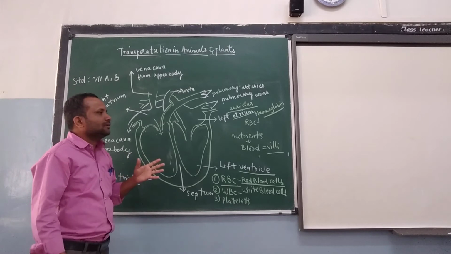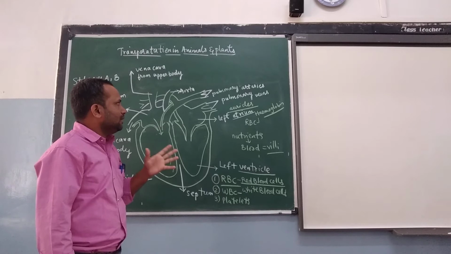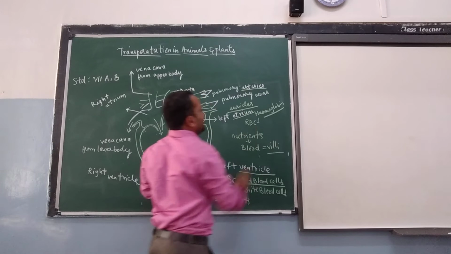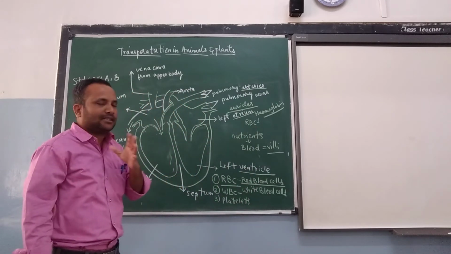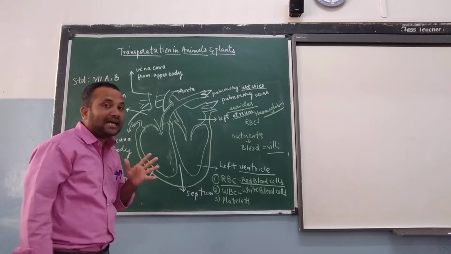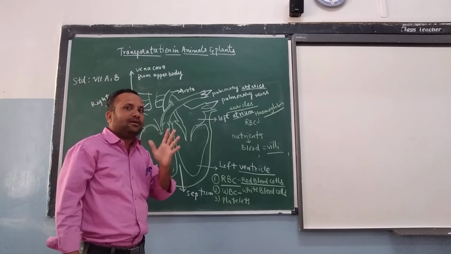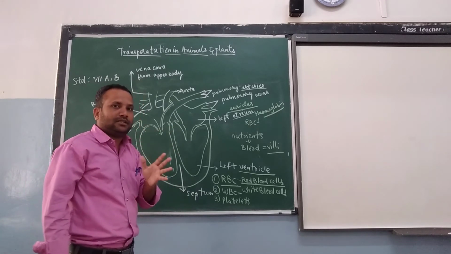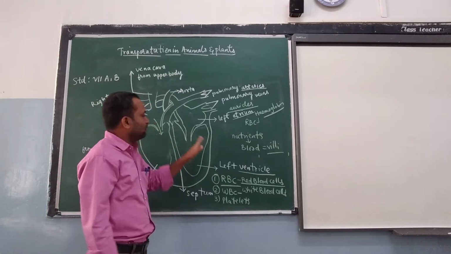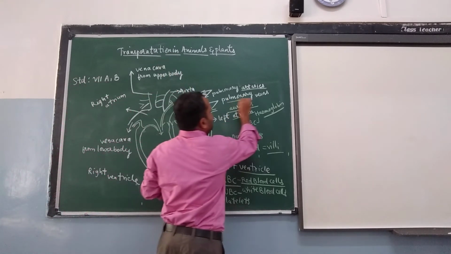See children, you know that arteries are like pipes which carry good blood, meaning oxygen-rich blood, from the heart to all the parts of our body. What I need to tell you is pulmonary veins.